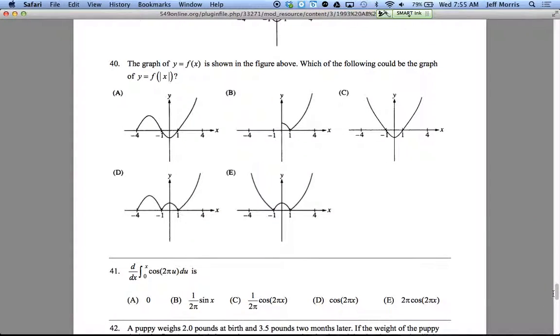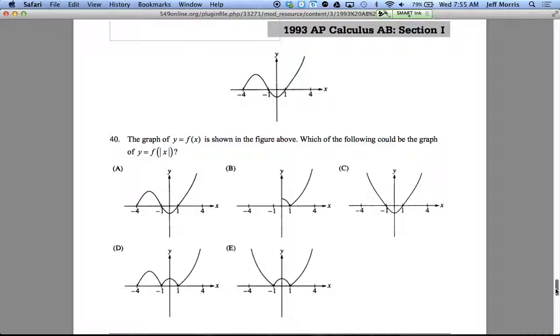All right, number 40. Almost done here. The graph of y equals f(x) is shown above. Which of the following could be a graph of y equals f of the absolute value of x? The answer is C. If you take the absolute value of -4, you get 4, so this value gets shifted there.